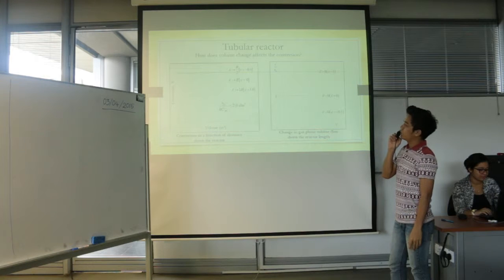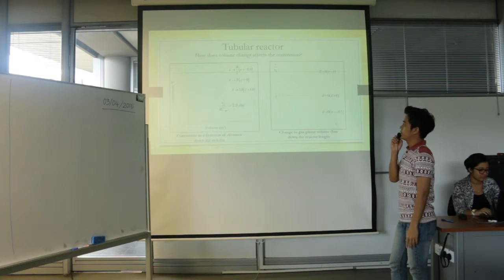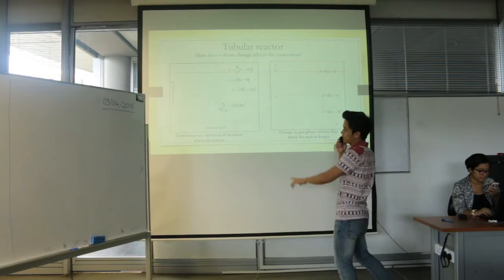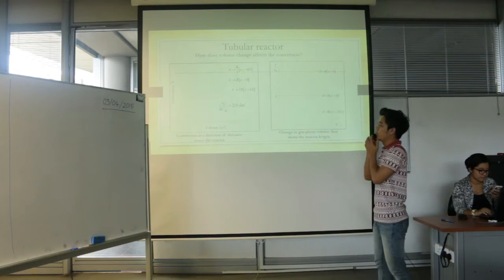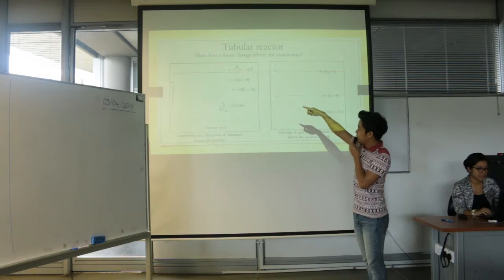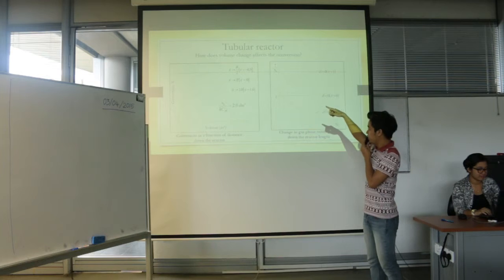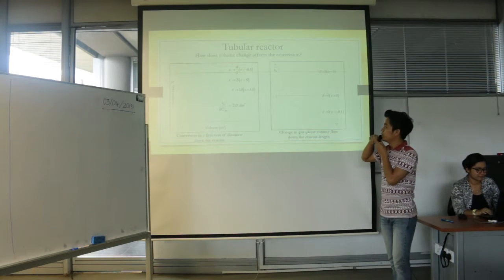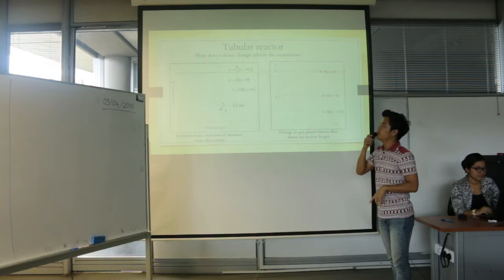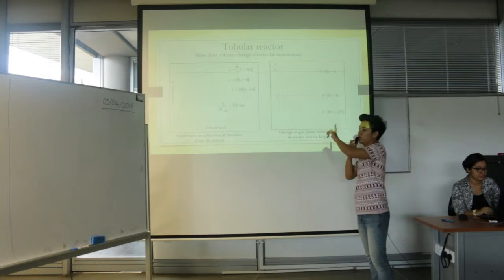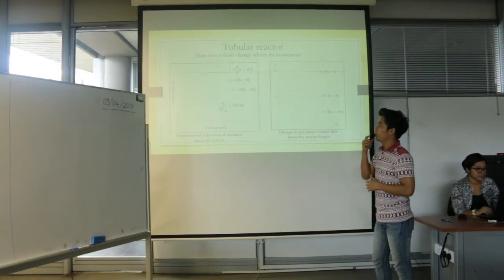Alright, how does volume change affect the conversion? According to the graph of conversion against volume, for the first case A changes into B over 2, the stoichiometric value, and epsilon equals negative 0.5. As you can see, B is 1 over 2, which equals negative 0.5.